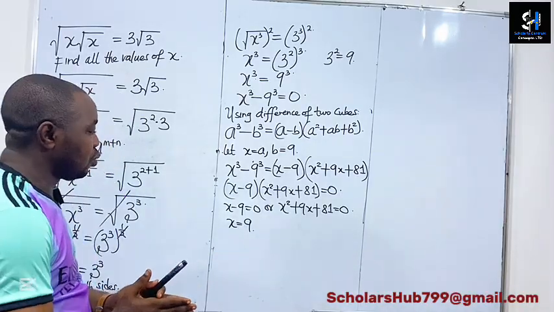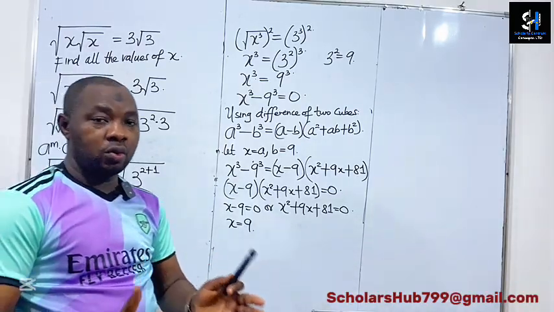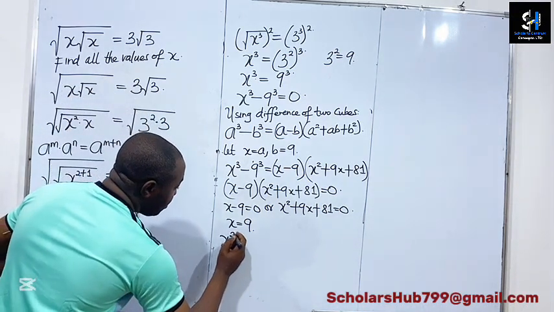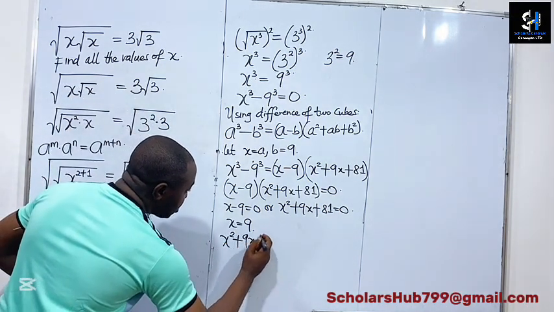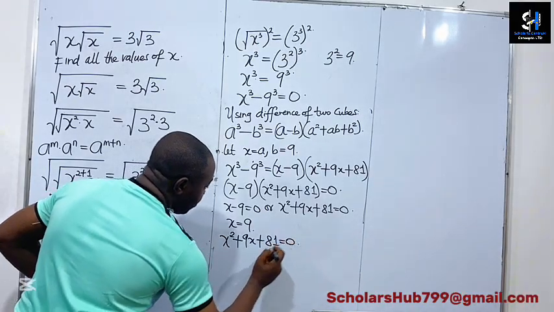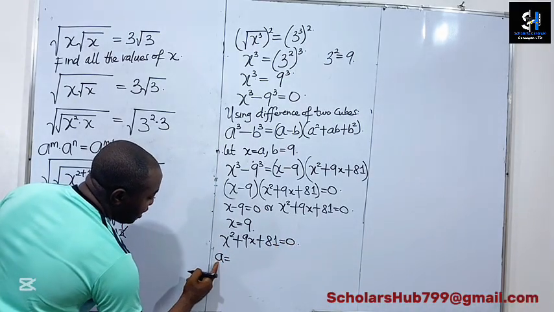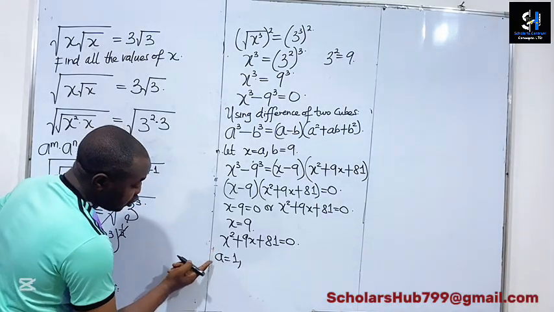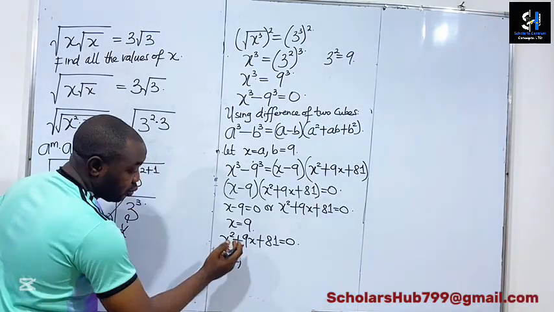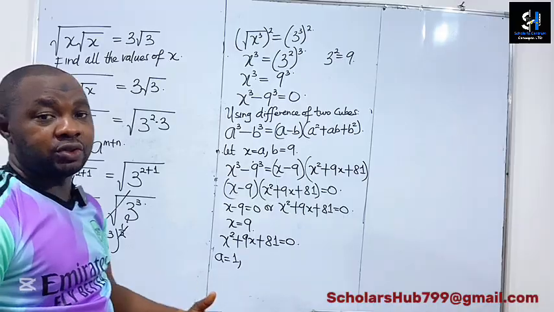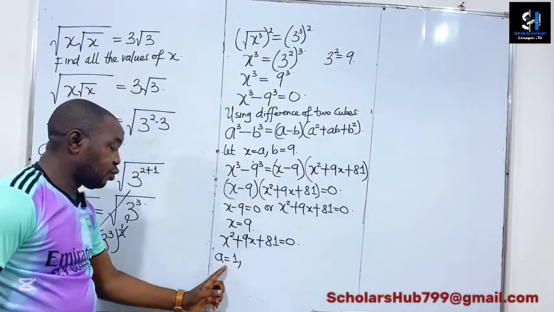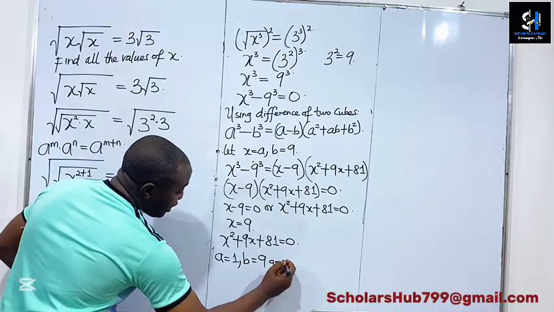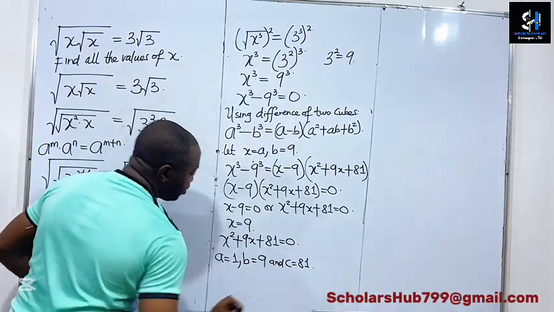So we're going to use the quadratic formula. We have x squared plus 9x plus 81 equals 0. So a equals 1, that is, the leading coefficient when we compare this with the standard quadratic equation. Then b equals 9 and c equals 81.